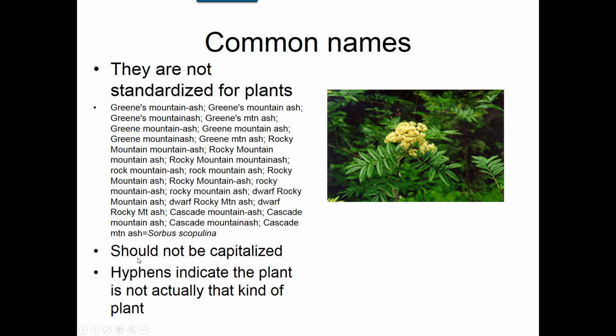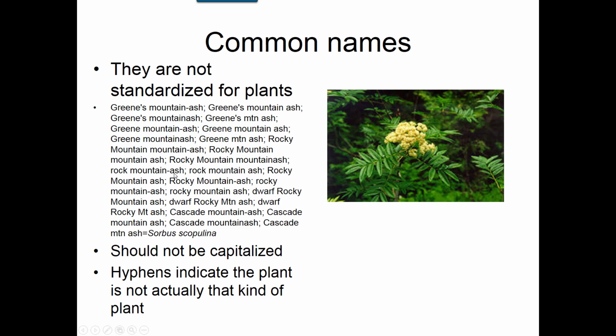There's a couple of other notes about the presentation of the common name. They should not be capitalized unless there's a proper noun in here, like Greene, so that's somebody's name, or Rocky Mountain. But in general, if there's no proper nouns in them, they shouldn't be capitalized. You'll also sometimes see hyphens within a common name, like you can see right here, so it actually says Rocky Mountain-ash.